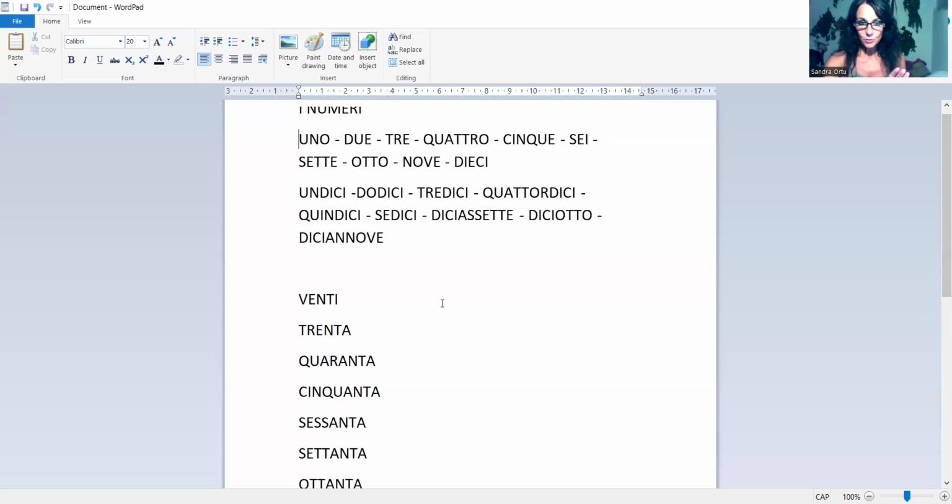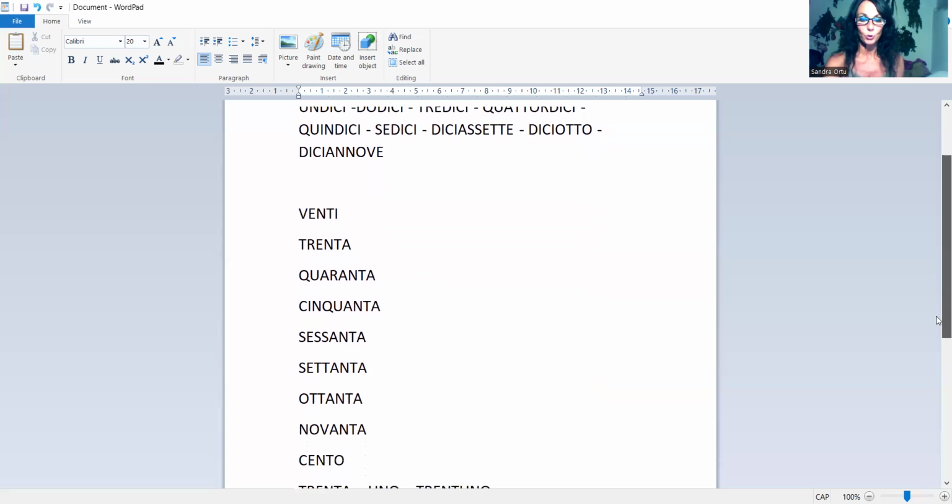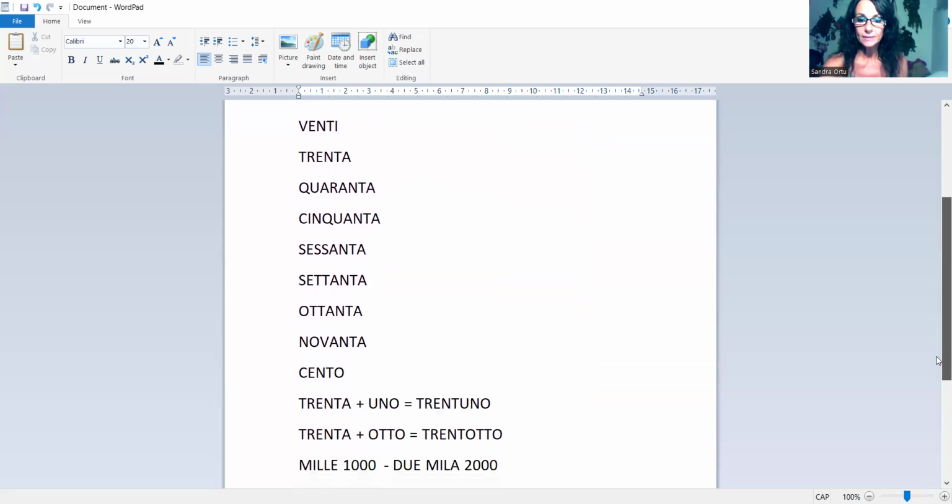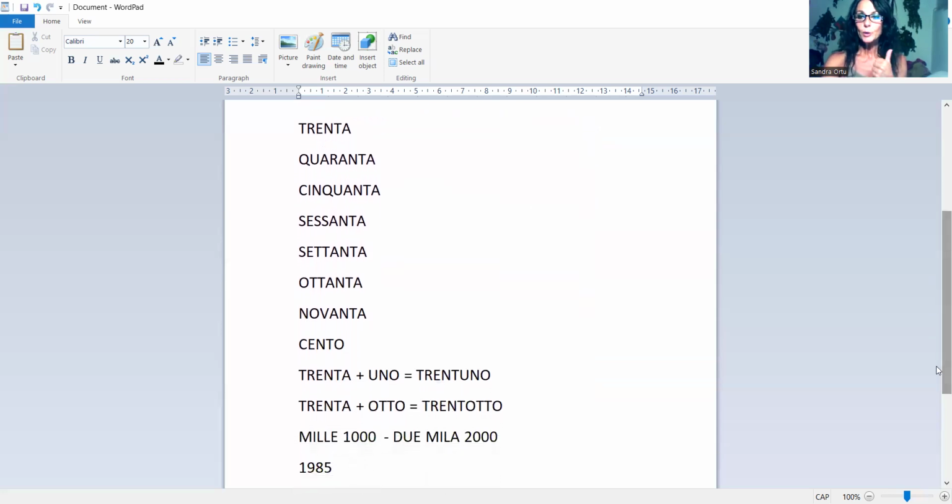So as I said, to any of these 20, 30, 40, 50, 60, 70, 80, 90, you add your number from 1 to 9. However, we have a couple of numbers: uno, 1, and otto, 8, which start with a vowel.